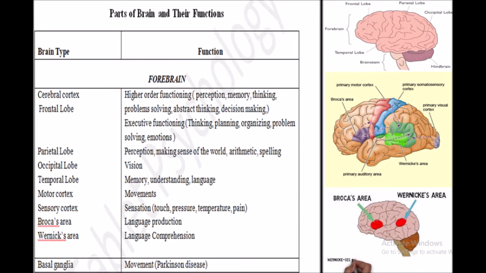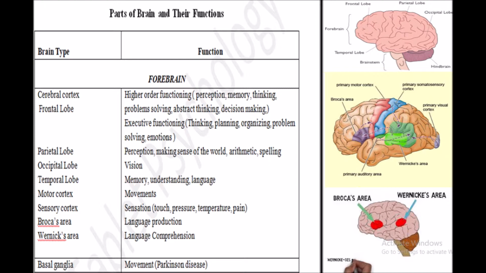At the end, in the lobes, temporal lobe. You can see where it exists in the picture. Temporal lobe controls memory, understanding, and language.